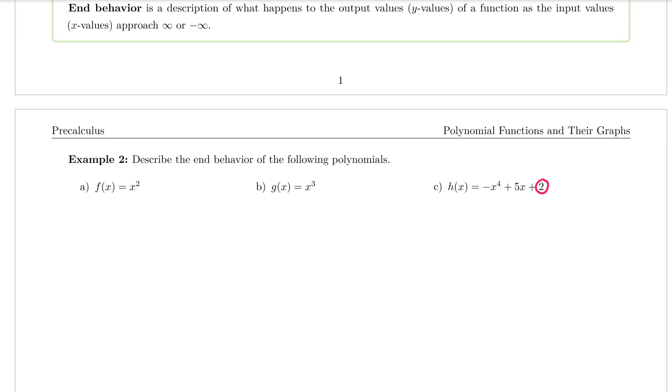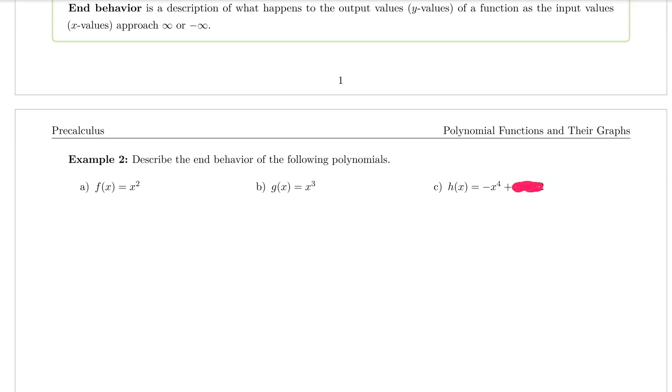If I plugged in like a billion, adding 2 to it isn't going to make a huge difference, and adding 5x, even though that will be a large number, negative x to the fourth power is going to be a much more high magnitude number and will affect the overall output more.